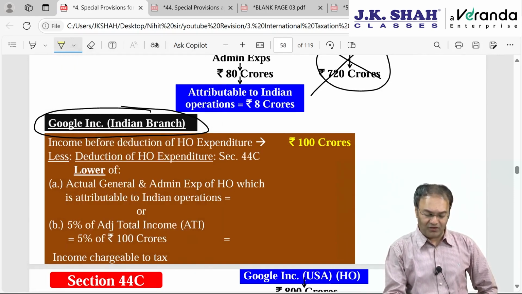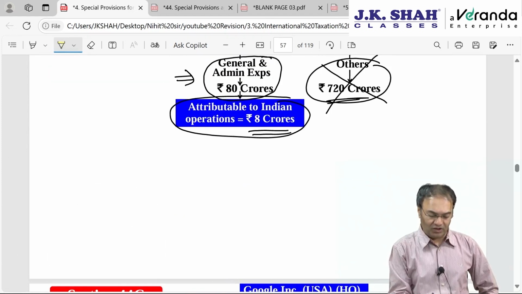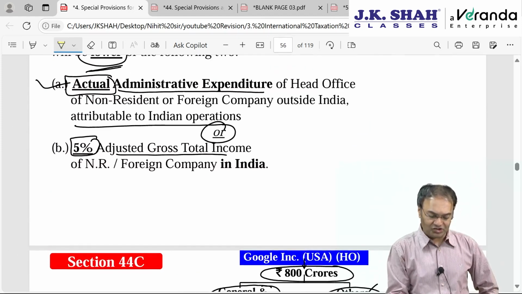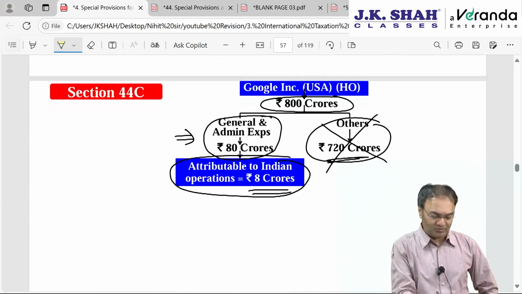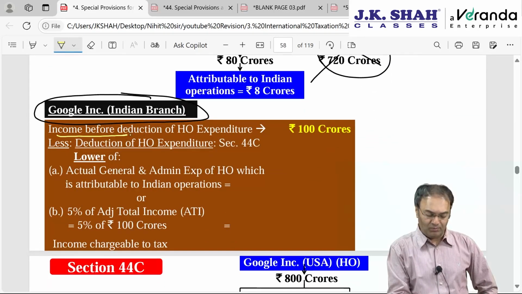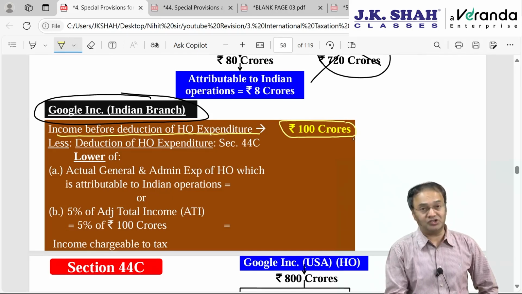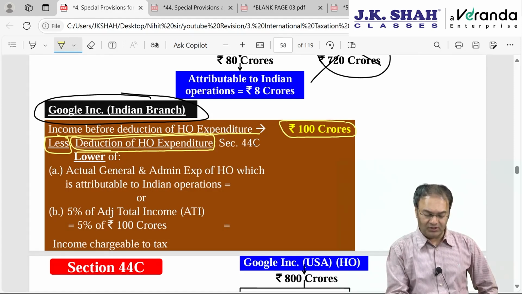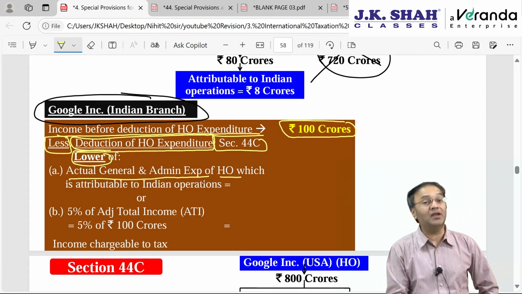So answer, first you find out how much is the adjusted gross total income. We have to take 5% of that. Adjusted gross total income, in the absence of any clarification, we presume that income before deduction of head office expenditure which is 100 crore, this only is adjusted gross total income. So deduction under section 44C will be lower of the following two, either actual general and admin expenditure of head office which is attributable.